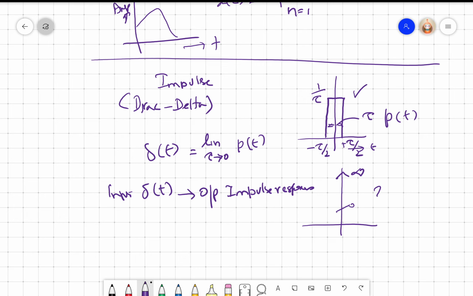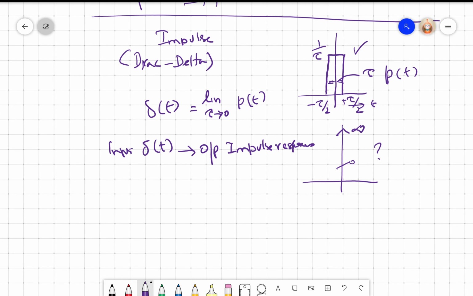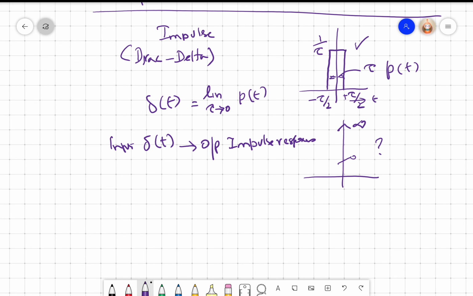But see, for example, I have 2 del of t. Let's say 2 into del of t. What happens? It's already going to infinity. So how do we handle this?